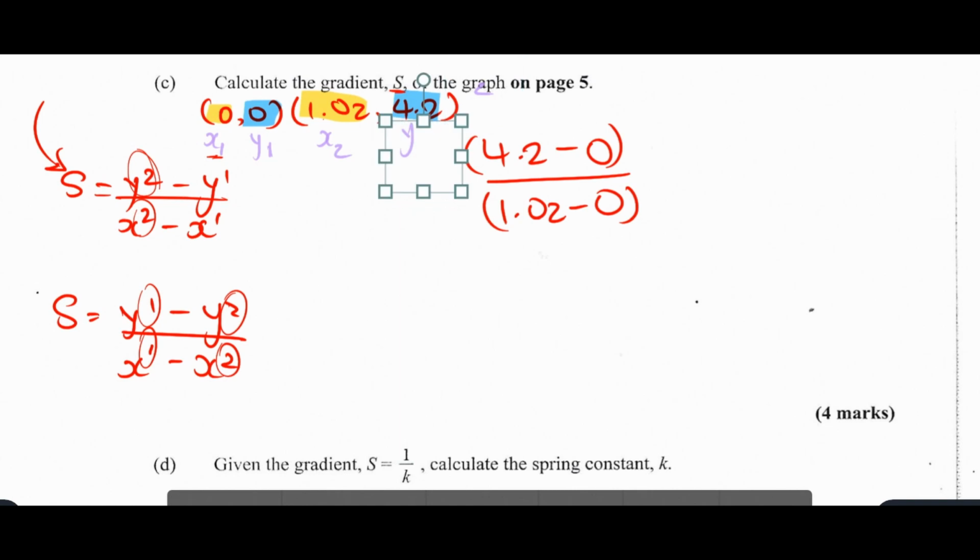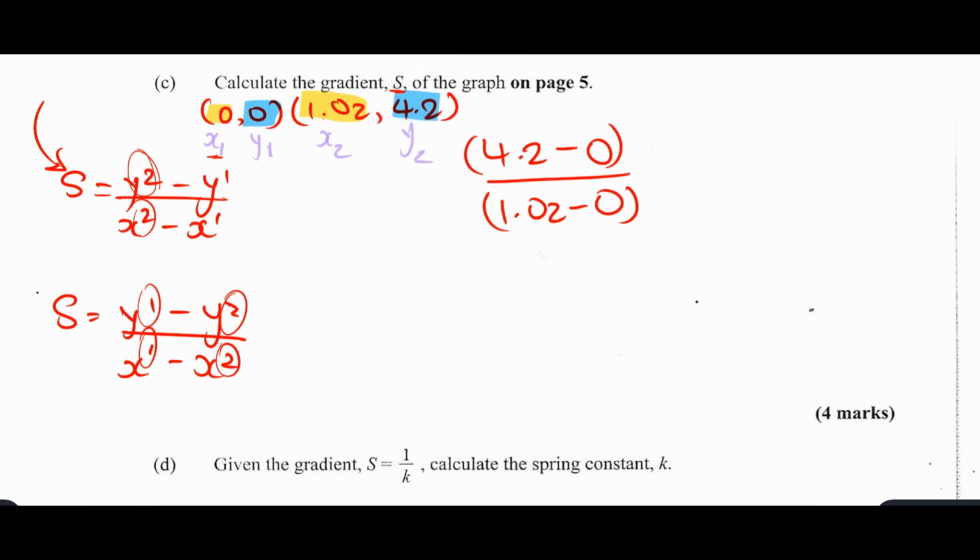Now my units: my y value would have been in centimeters and my x value in newtons, because I plotted extension against force. So I've got 4.2 centimeters divided by 1.02 newtons.